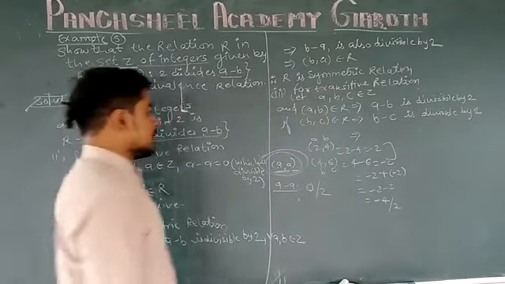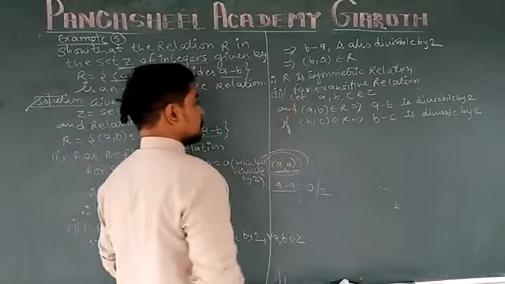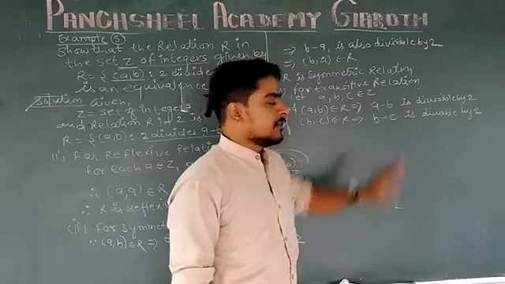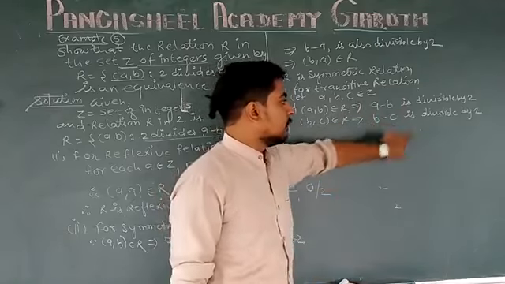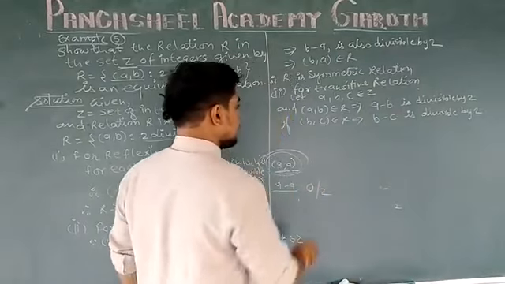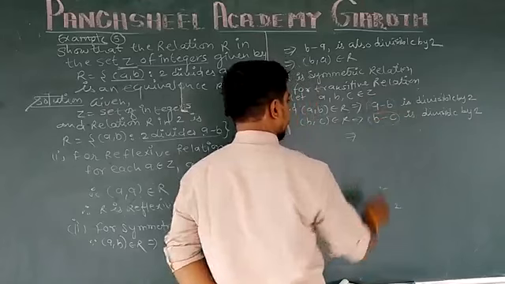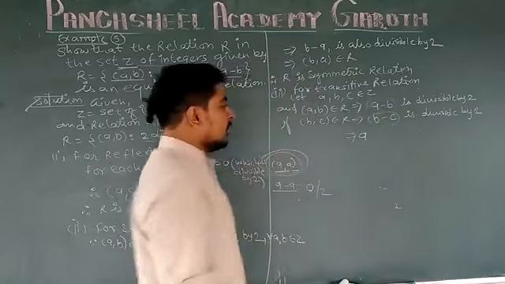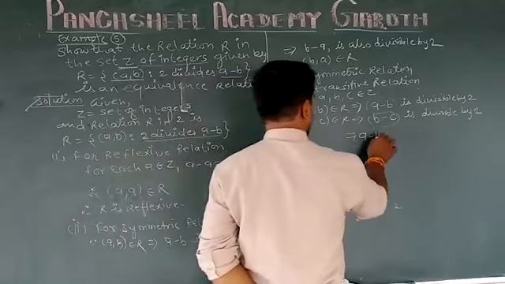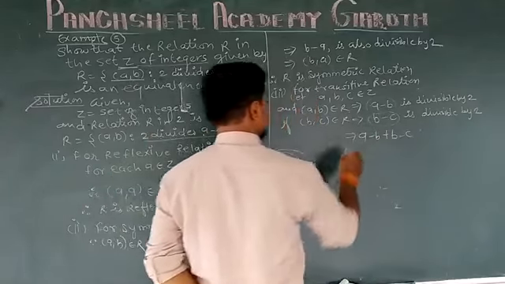So we will see that if two numbers are such that their difference is divisible by 2, and another two numbers are such that their difference is divisible by 2, then the sum of these is also divisible by 2. Here, a minus b and b minus c are both divisible by 2.